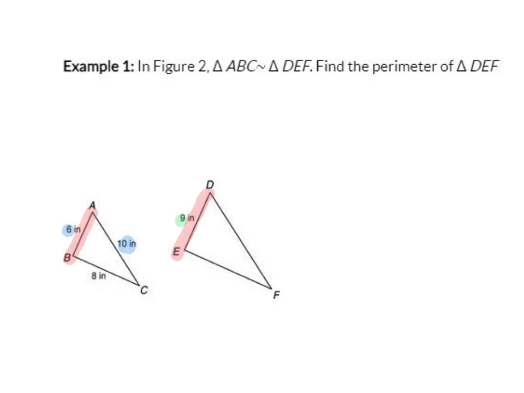In this example, we can use the idea of proportional sides to be able to determine the perimeter. So we are told that in this particular example we have triangle ABC, and that is similar to triangle DEF, and we want to use that to be able to find the perimeter of triangle DEF.